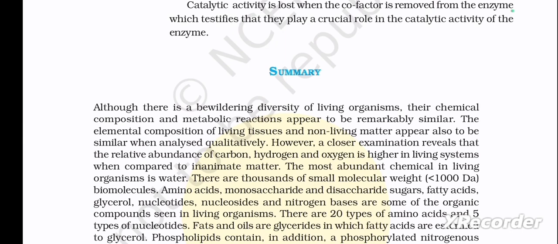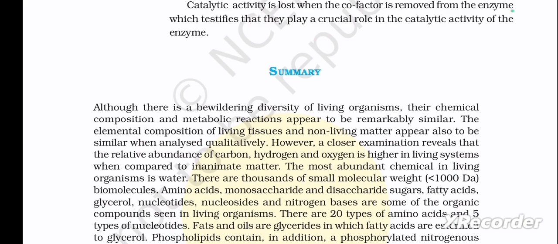There are thousands of small molecular weight, less than 1000 Daltons, biomolecules. Amino acids, monosaccharide and disaccharide sugars, fatty acids, glycerol, nucleotides, nucleosides, and nitrogen bases are some of the organic compounds seen in living organisms. There are 20 types of amino acids and 5 types of nucleotides.